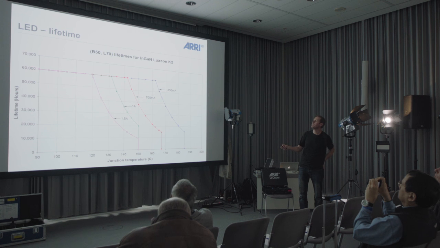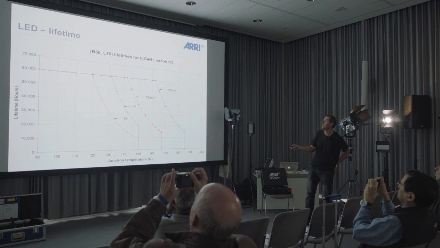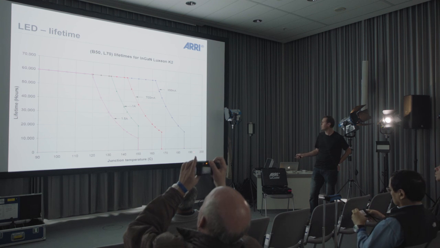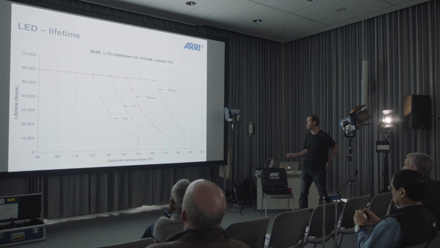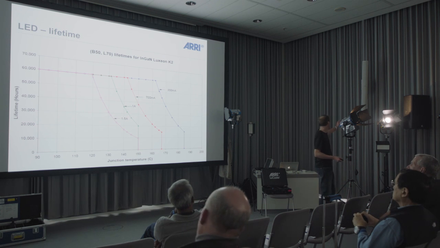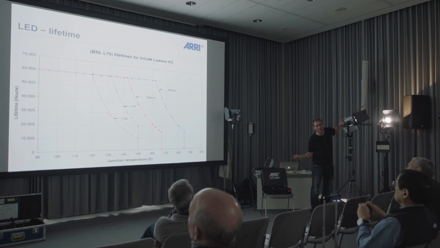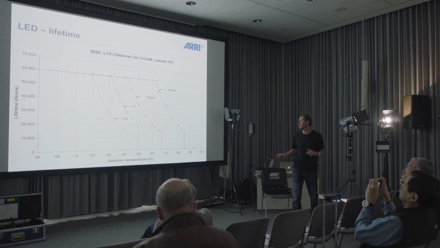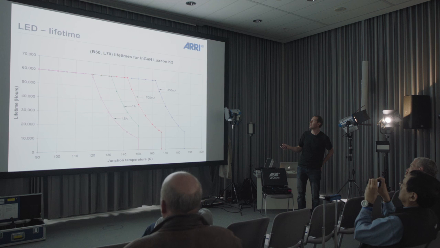At best, the LEDs here can achieve 60,000 hours, which is many years of lifetime. But it depends. Here on the x-axis, we have the so-called junction temperature. This is not the temperature that a fixture has, so don't worry, the fixture doesn't get as hot as 150 degrees. This is the temperature inside the LED.